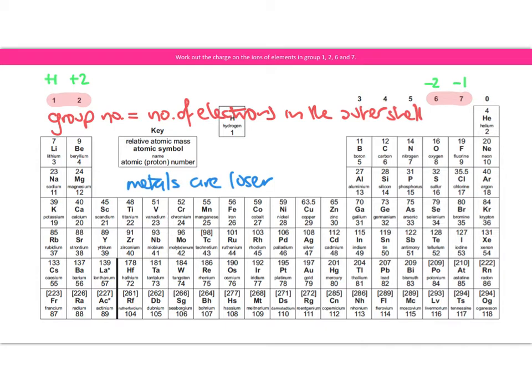Anything in group 2 has a +2 charge. When we get to the non-metals, anything in group 6 has a -2 charge, and anything in group 7 has a -1 charge. It's a simple pattern. It's something that you can just learn. And again, it's one of those pieces of information without which some of the next stages are going to be very difficult to do.